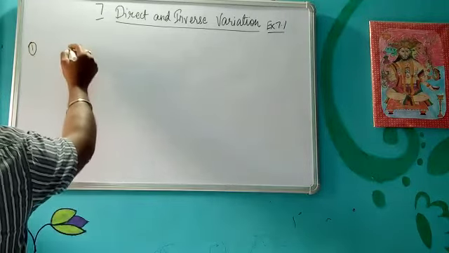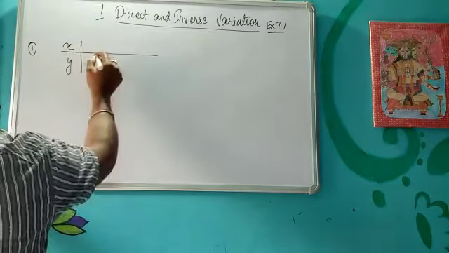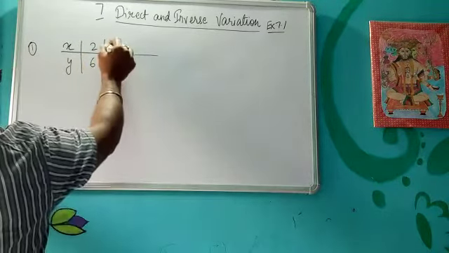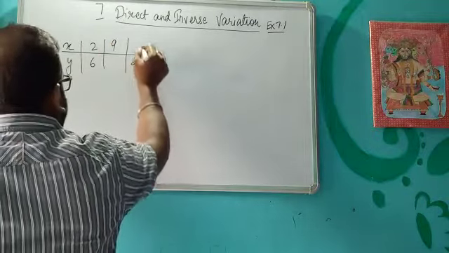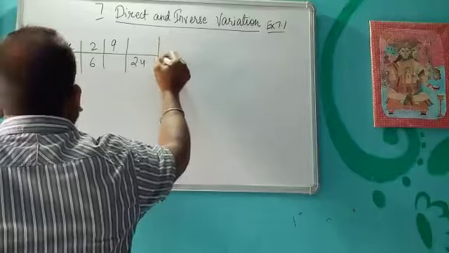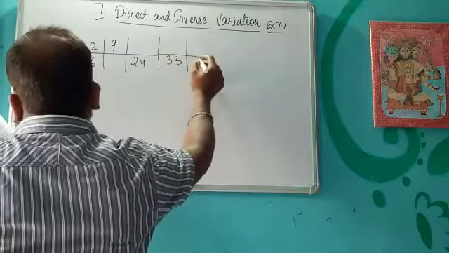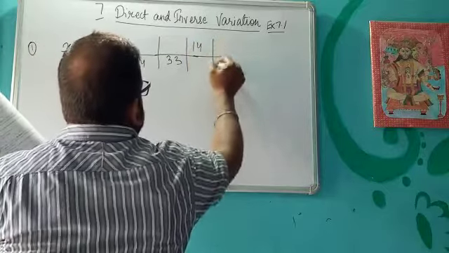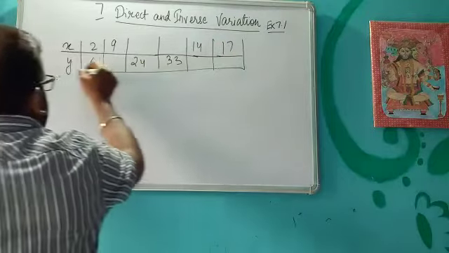It is given that when x is 2, y is 6. When x is 9, what will be y? When y is 24, what will be x? When y is 33, what will be x? If x is 44, what will be y? And when x is 17, what will be y? So this is our table.